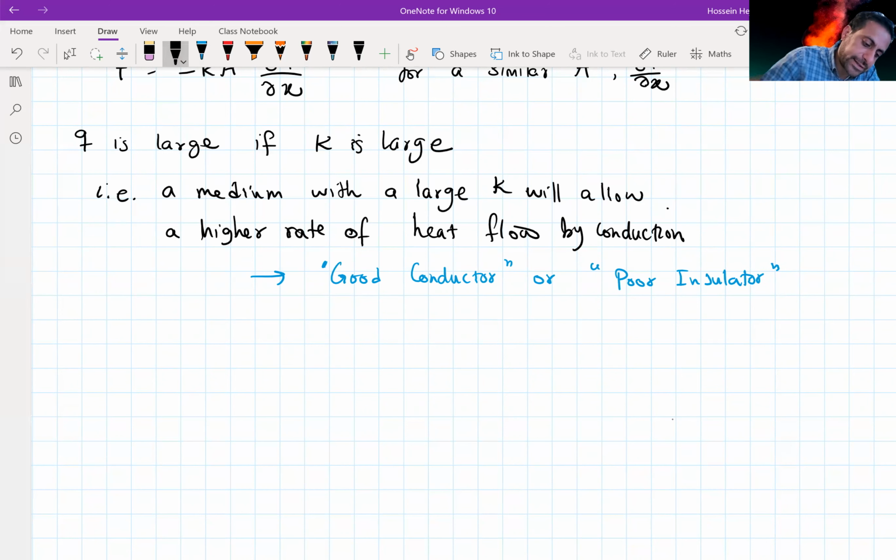On the other hand, Q is small if K is small.